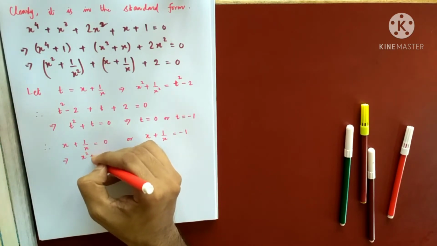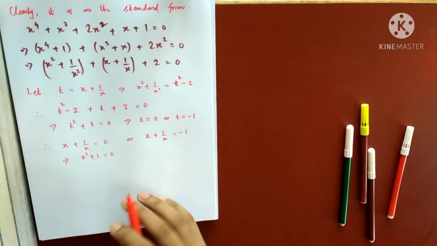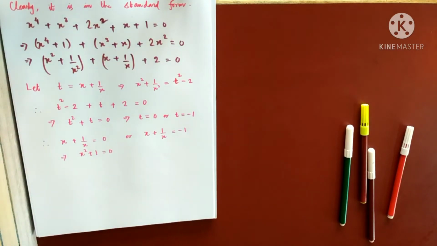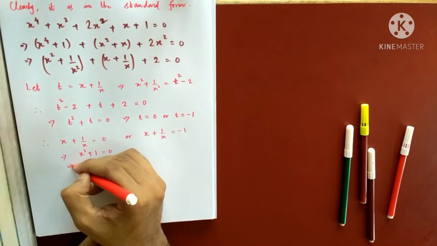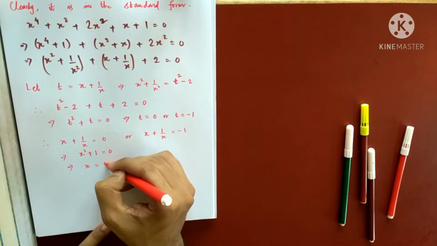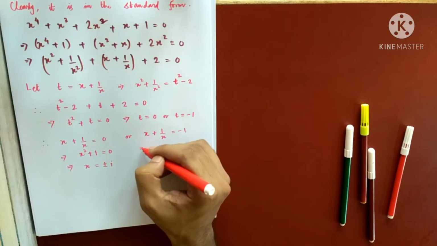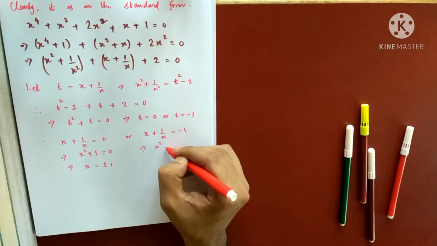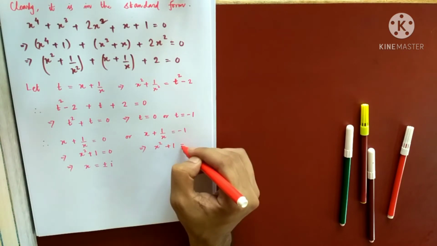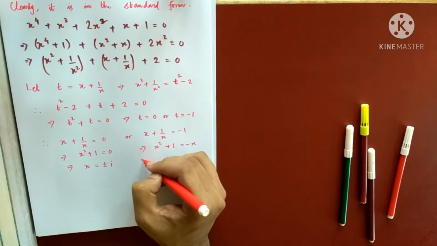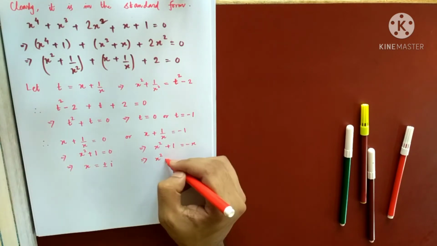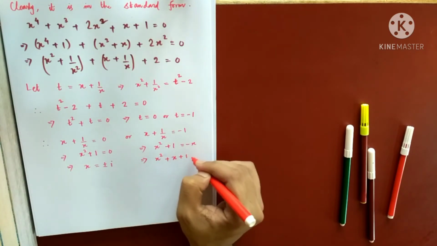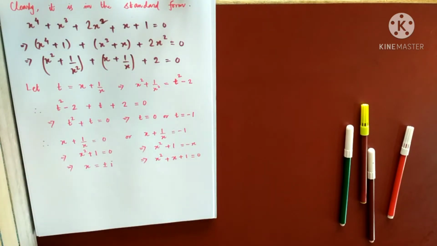This will give x square plus 1 equals 0, because if I take the LCM, x equals plus minus i. And for the second, x square plus 1 equals minus x, which eventually is x square plus x plus 1 equals 0.